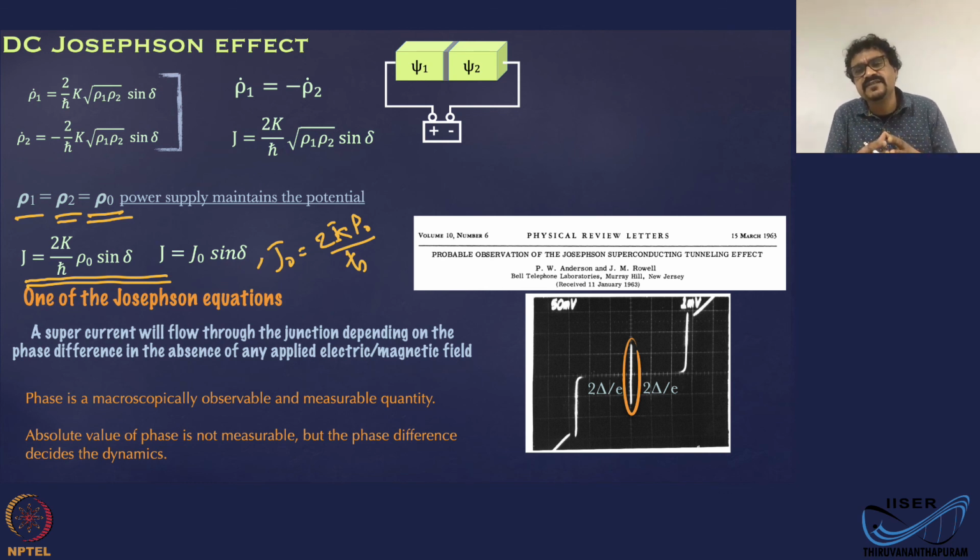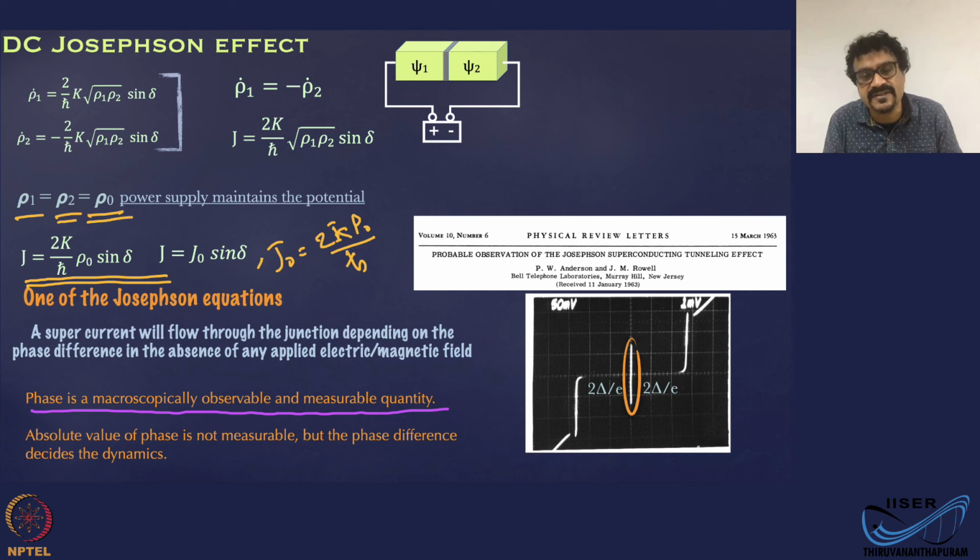Generally, phase is something which will disappear when you calculate anything observable, such as current, momentum, position, any of these. All the phase terms will disappear. But in a superconductor, the phase is a macroscopically observable quantity.